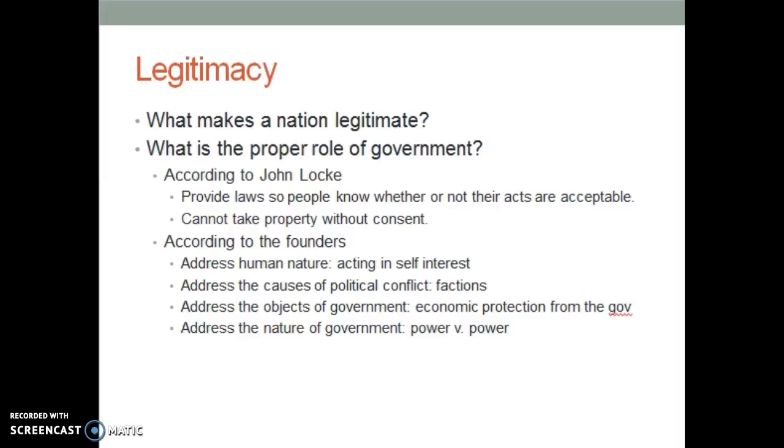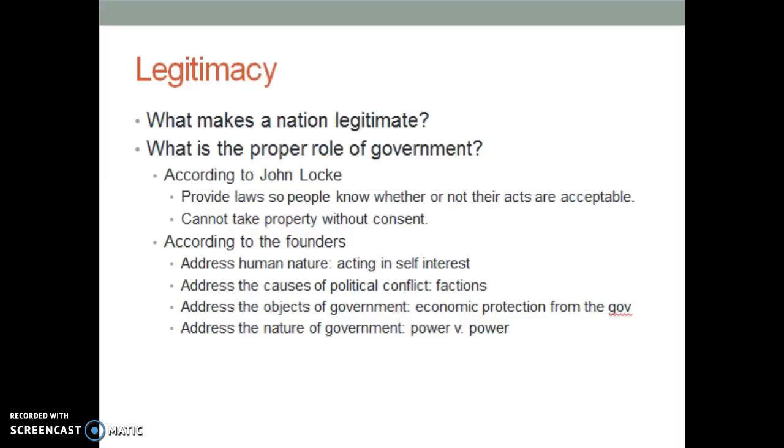Addressing the causes of political conflict, those are what are known as factions. Those will be defined in Federalist 10, but in our government, this will all start to come together as we get to that portion of the unit. Addressing the objects of government, essentially that means the economic protection from the government. When you look at the Constitution, you're going to see that a lot of the rules in place are really promoting a free market system and keeping the government from getting too involved in the economy.